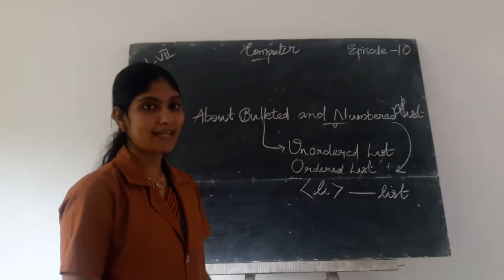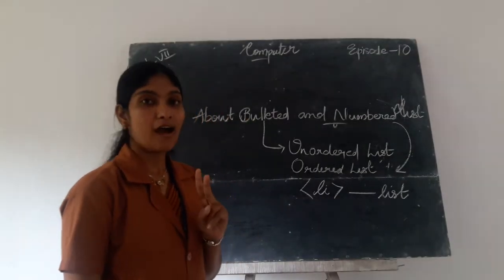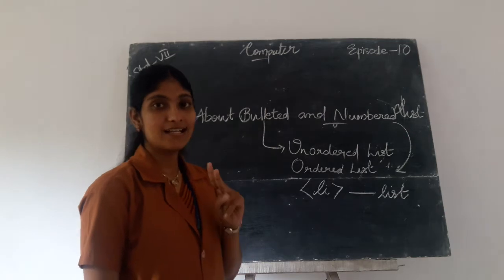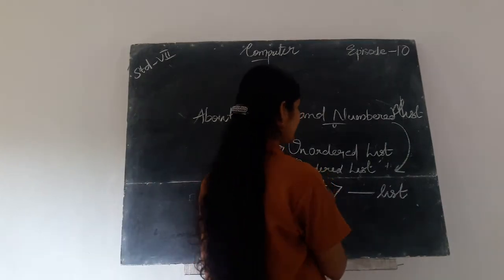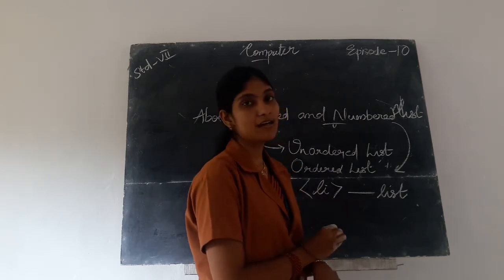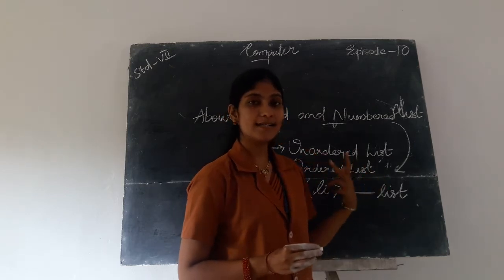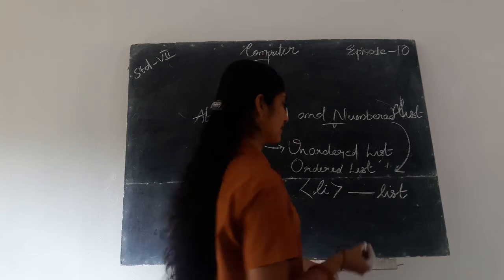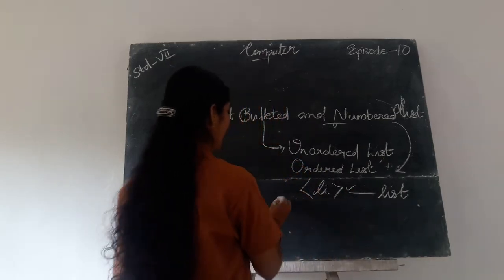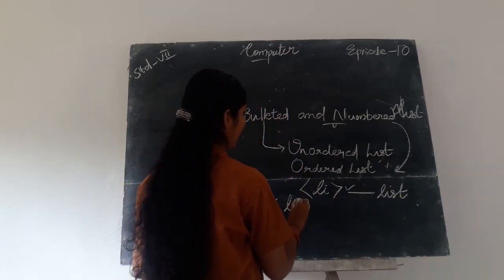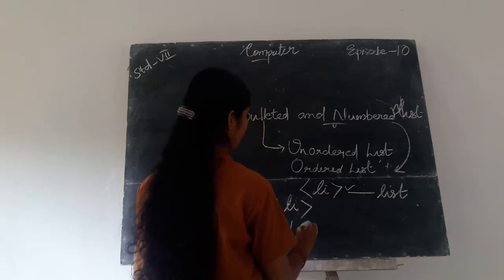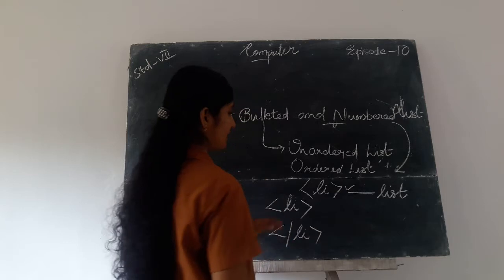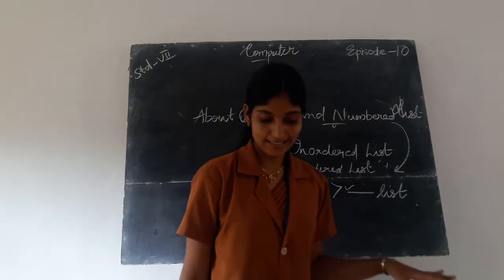So LI tag is used for applying or setting a list in the web page. So LI is the tag used for applying a bulleted list or a numbered list. So the syntax is LI. This is the open tag and this is the closed tag.